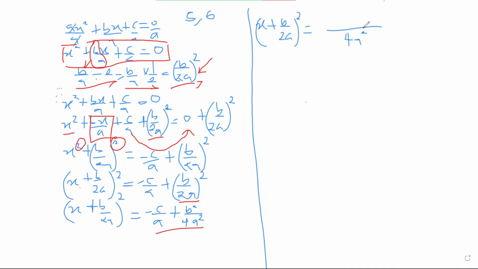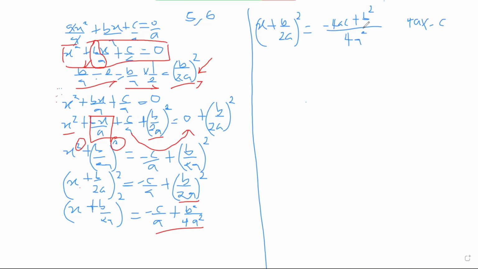So a in 4a squared is going to give us 4a. Then 4a times minus c is going to give us minus 4ac. Then plus 4a squared and 4a squared will be 1. 1 times b squared is going to give us b squared.